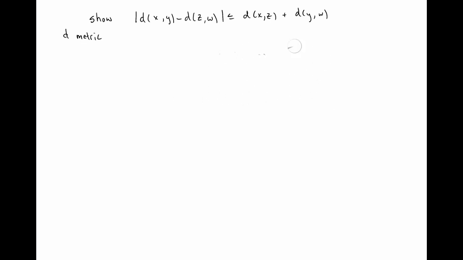So maybe we'll start again. So if I say d(x,z), from the previous expression, this is less than d(x,y) plus d(y,w) plus d(w,z), right? I believe that's correct.